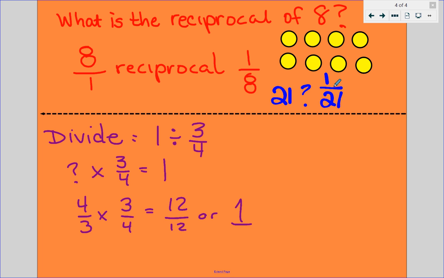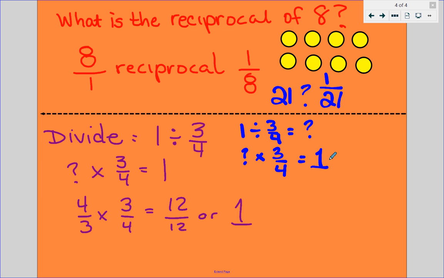When we're looking at dividing by fractions, if I have the number 1 and I'm dividing it by a fraction, I know that 1 divided by 3/4 equals some number. I can also say that some number times 3/4 equals 1, because of a fact family. So 1 divided by 3/4 equals question mark, times 3/4 equals 1.